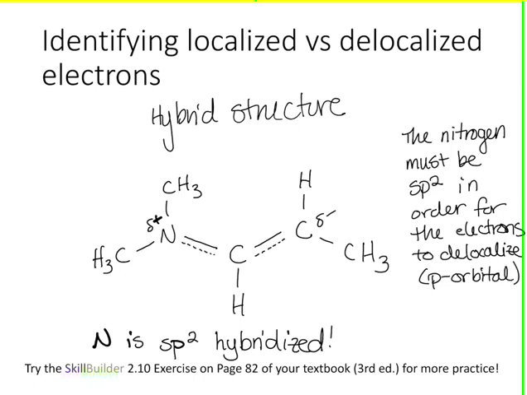And those are going to be in a p orbital. So this is really important because if something is sp3 hybridized, that means the electrons can't move. They're stuck in place. So we'll look at an example of that as well.